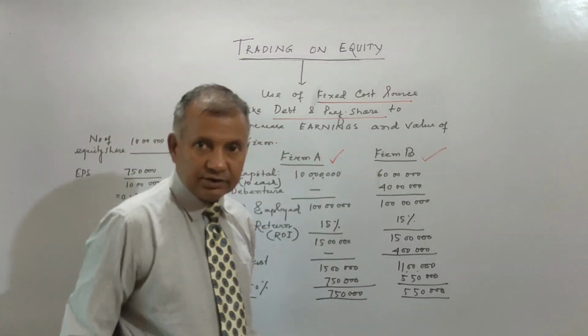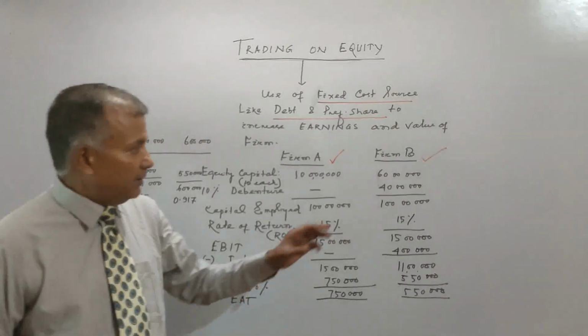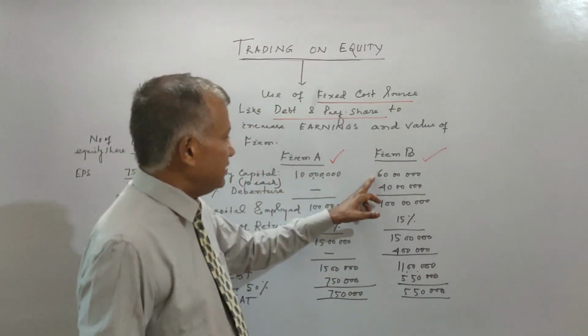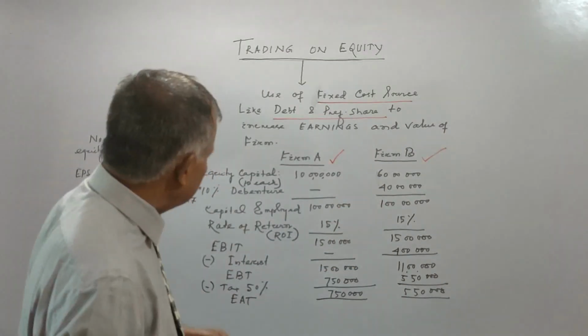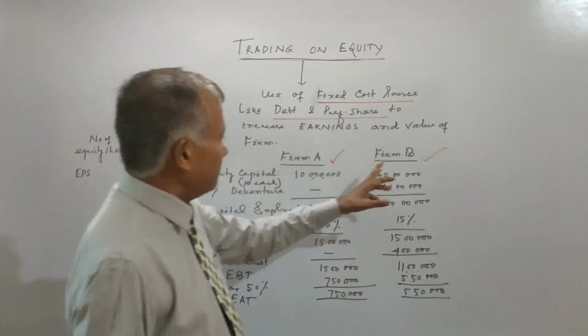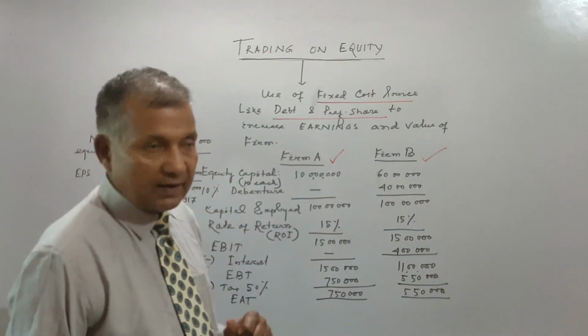Firm B has 60 lakh equity capital. If you divide 60 lakh by 10, it has 6 lakh equity shares. And 10% debenture: firm B has a debenture of 40 lakhs.